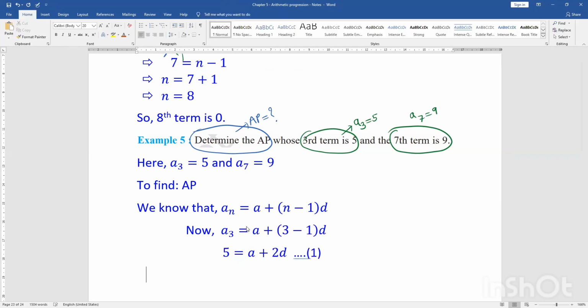Then, also, what is A7? So let us write that. Same way, take this formula, and wherever n is there, put it as 7. A7 you already know as 9.